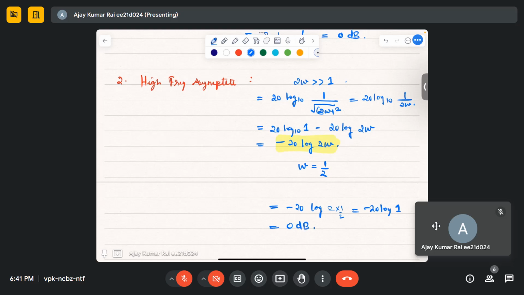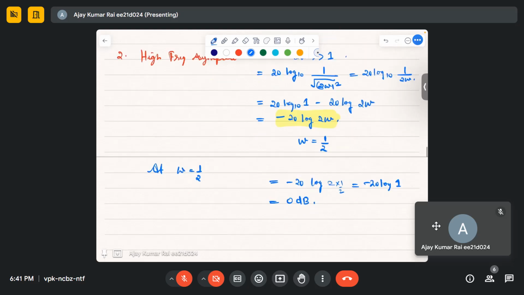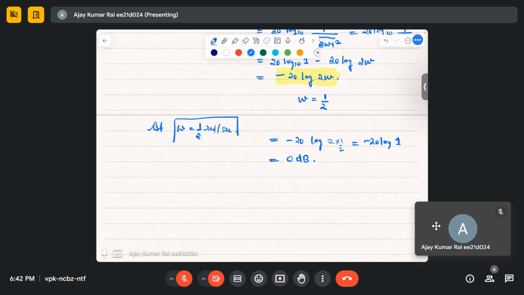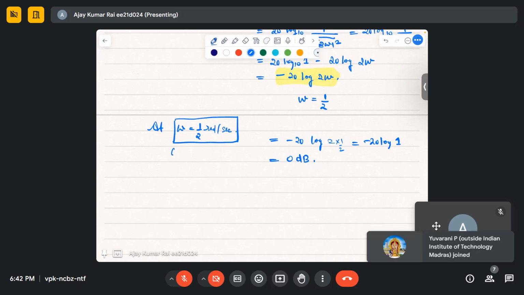So at omega equal to 1 by 2 radian per second, the high frequency asymptote is intersecting the low frequency asymptote. So this is the corner frequency. That is the definition, right?